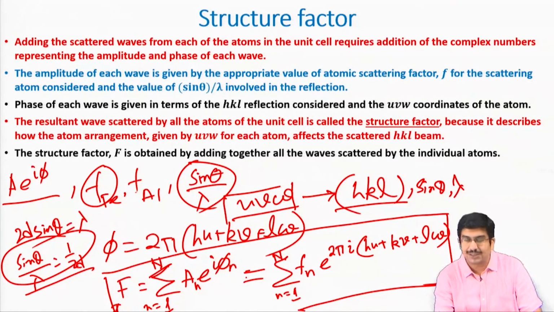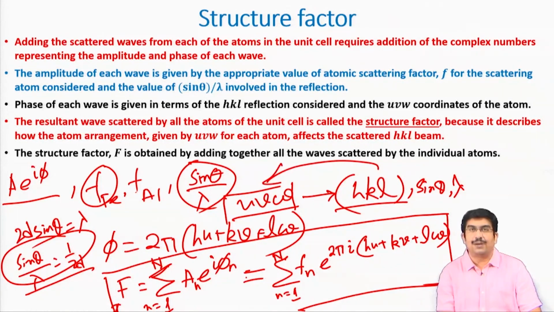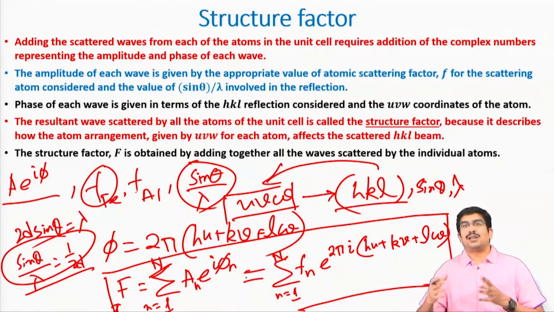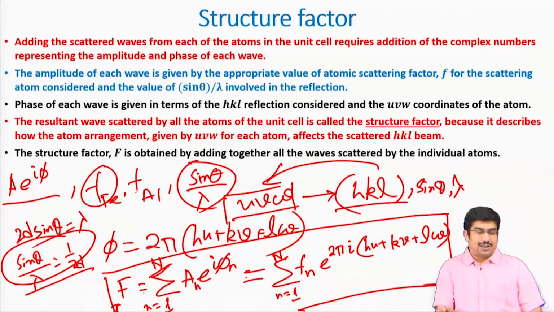This is how the diffracted beam intensity is affected by the atomic positions u, v, w. That is given by the structure factor, and we calculate the structure factor by adding up all the waves coming out from individual atoms in a unit cell. So, this is the final structure factor expression that we can calculate.